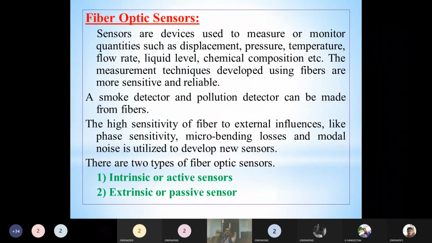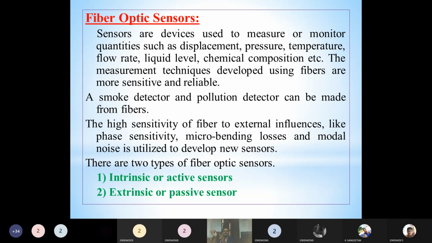Pressure also. Suppose you take some gas: without pressure it absorbs some wavelength. If you apply some pressure, it absorbs another wavelength.